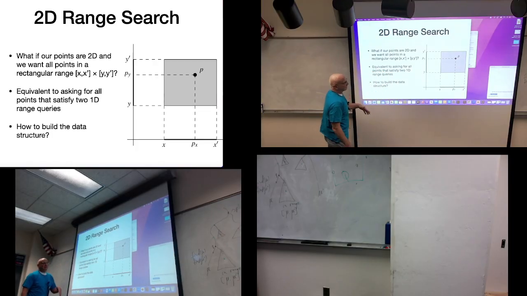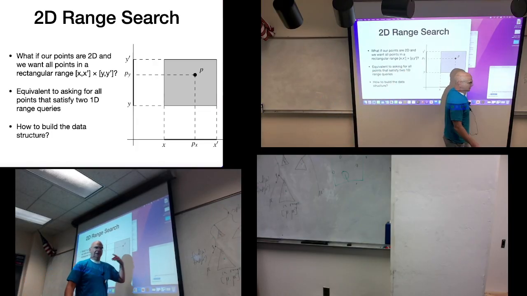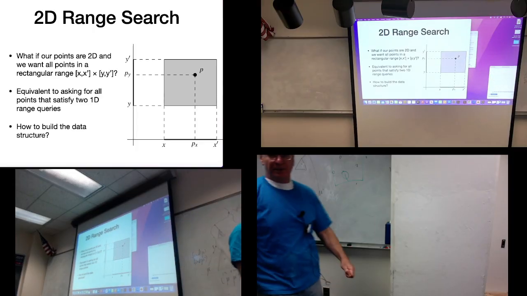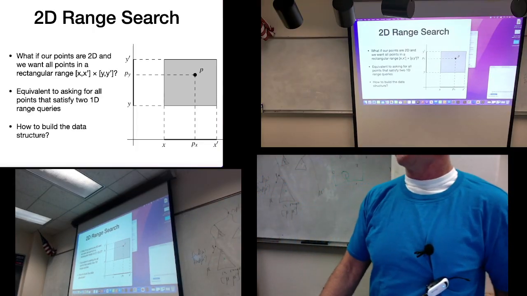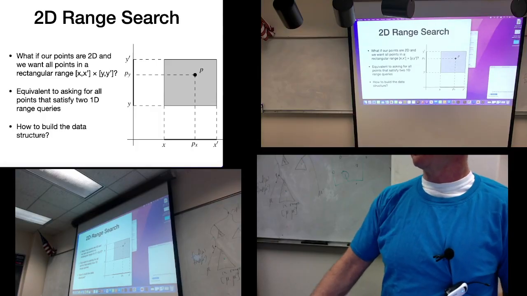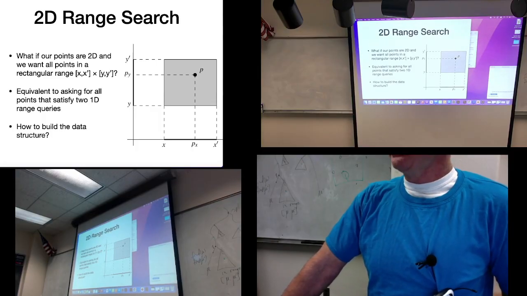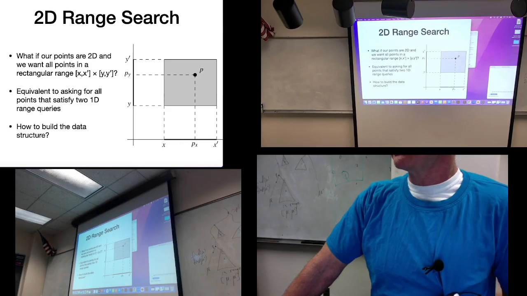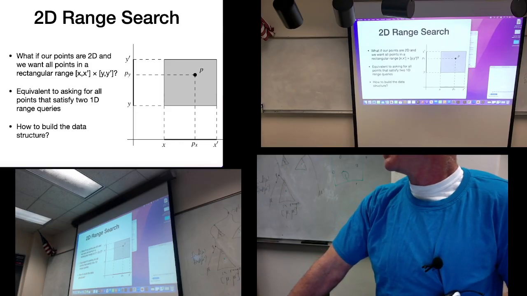Pre-process them, meditate on them. I'll give you a query region. Tell me who are the points that live in the query region, fast. That's our goal. And your answer should be use quad trees or R trees or KD trees. All of them can answer this part.